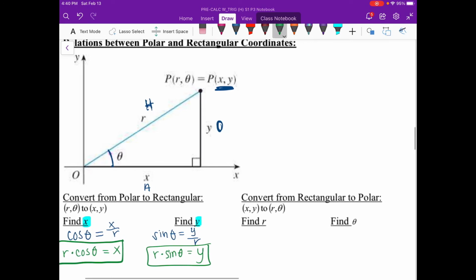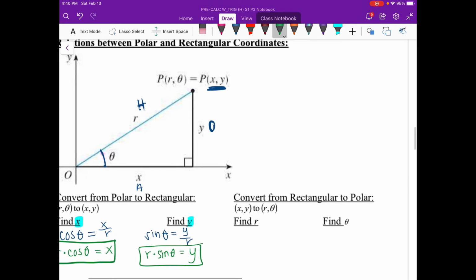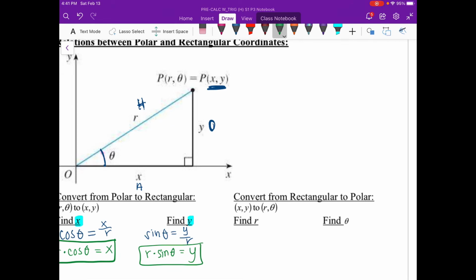Now, going from rectangular to polar is a little bit more complicated. So I know that I can find r, in this case. If I'm given x and y, how would you solve for r? So just take it back to geometry. If you are given 2 sides and you're finding the missing side, you would use the Pythagorean theorem, right?